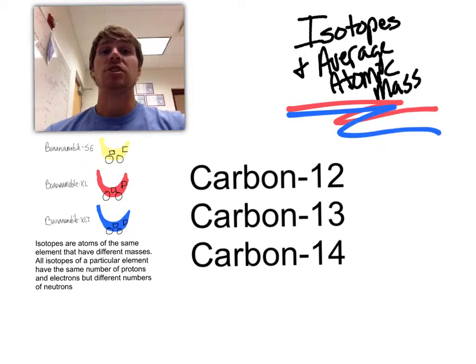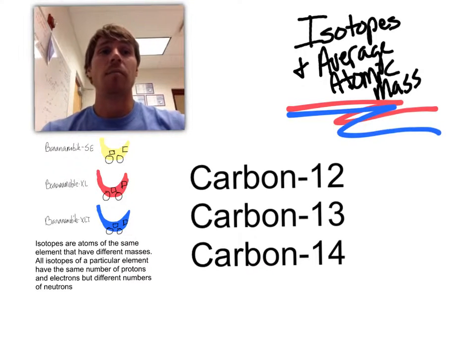Just like the Bananamobiles, these are all carbon atoms. But kind of like we have the Bananamobile SE, XL, and XLT, they're different versions or different models of that same vehicle. In this case, different versions or different models of the same element, carbon.